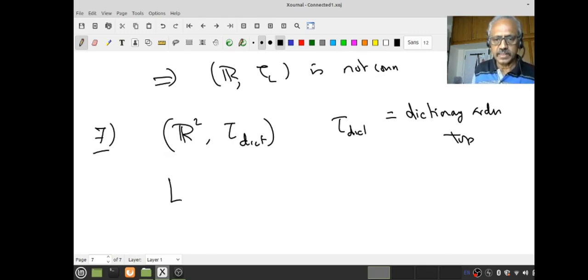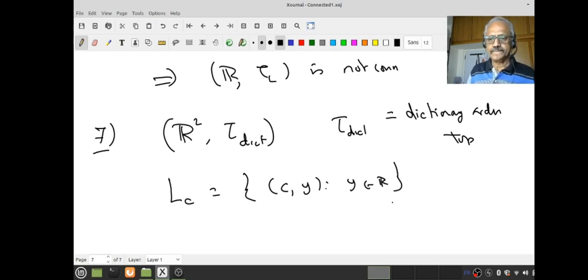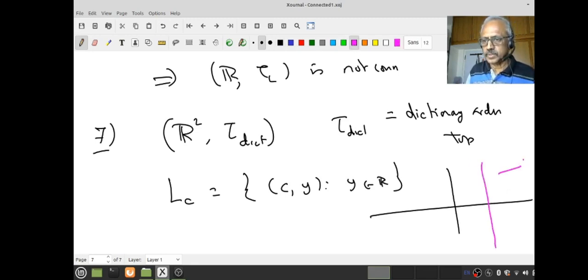Let's look at LC to be the vertical line (C, Y), where Y is in R. This is your LC, this is the point C. Now this is open because we have seen the basic open sets are like this. We have seen these things, right? So with respect to this, these are open.